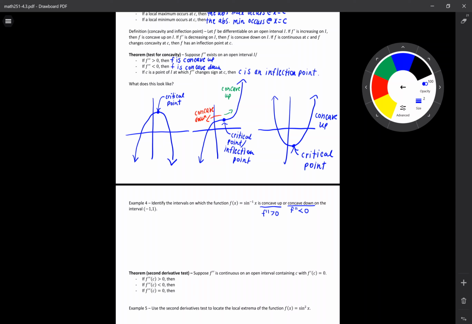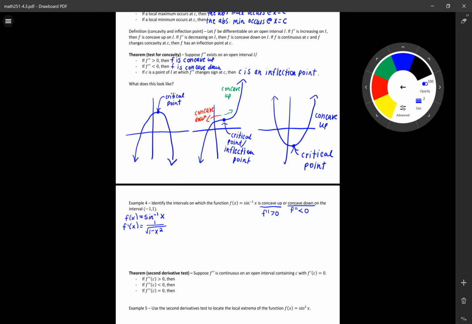Okay, so if I have f of x is equal to sine inverse of x, I want to find f double prime. So if f of x equals sine inverse of x, this means that f prime of x is equal to 1 over square root of 1 minus x squared.